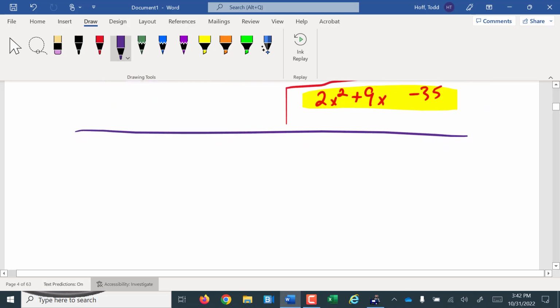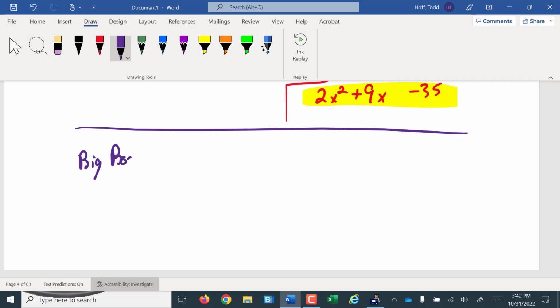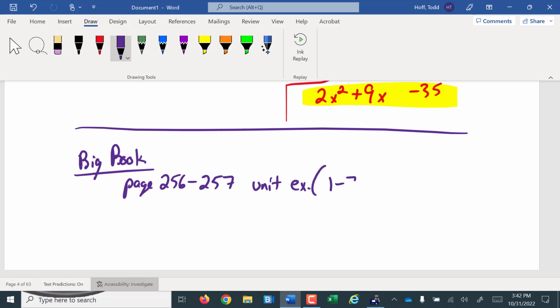We're going to give you some homework to work on. We're going to look at Big Book. Page 256, 257. This is the unit exercises. 1 through 75, the odds.